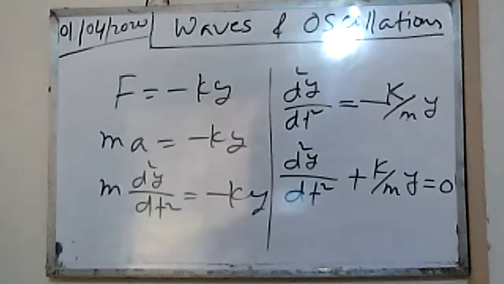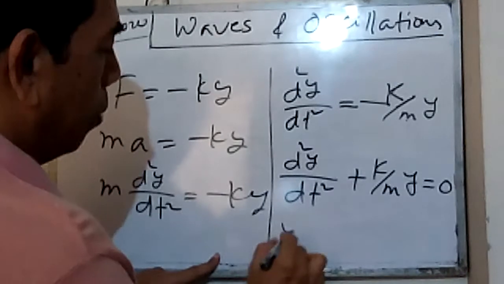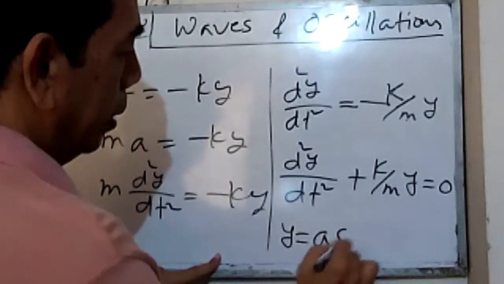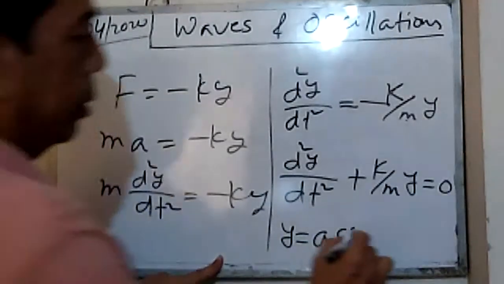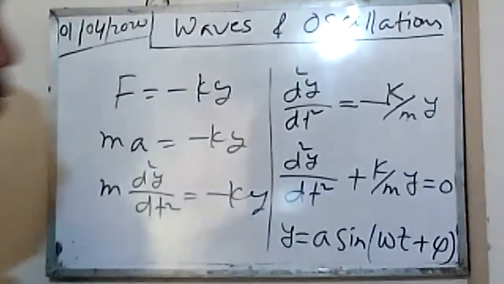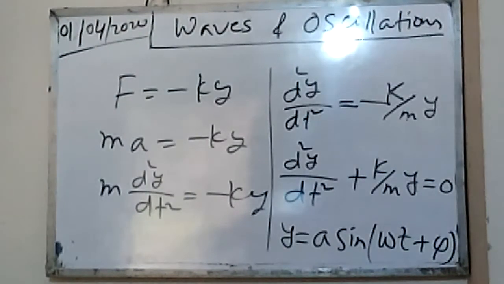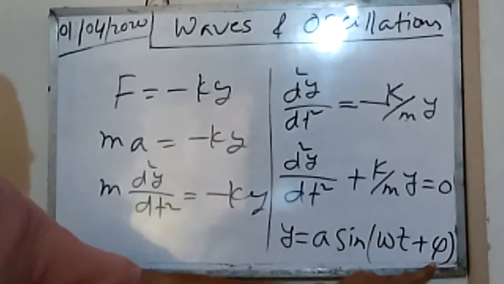Now suppose y equal to a sine omega t plus phi. We got this equation.